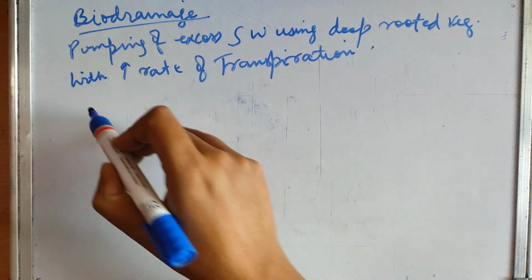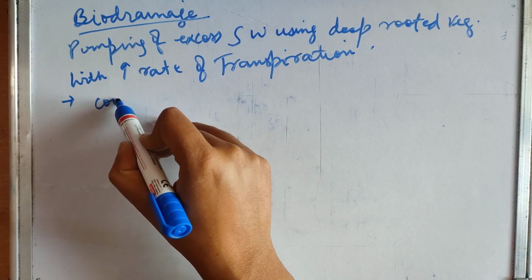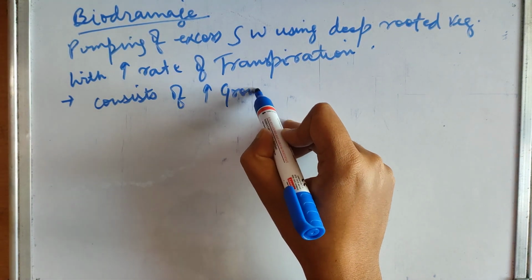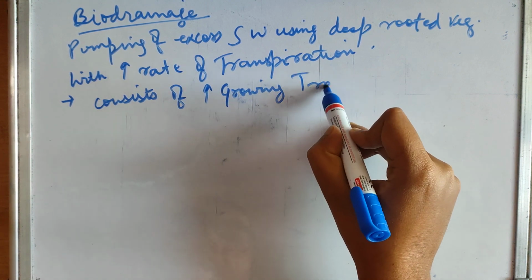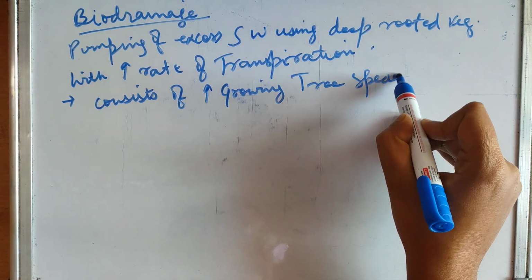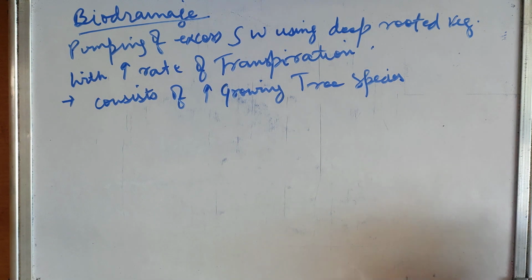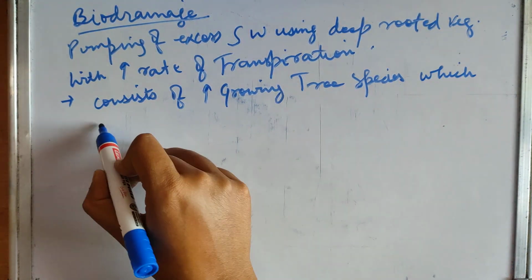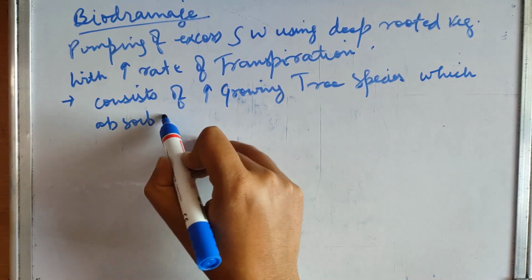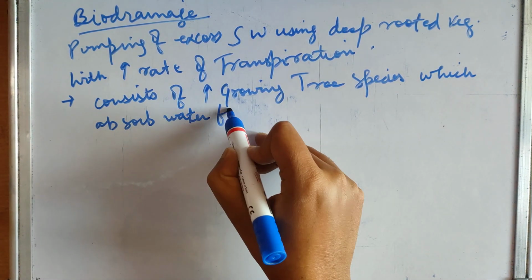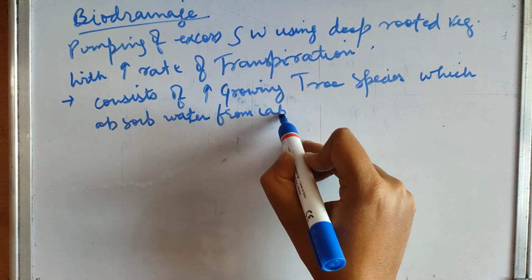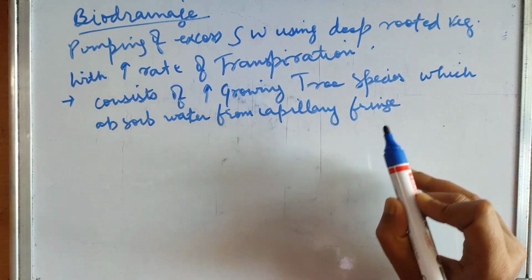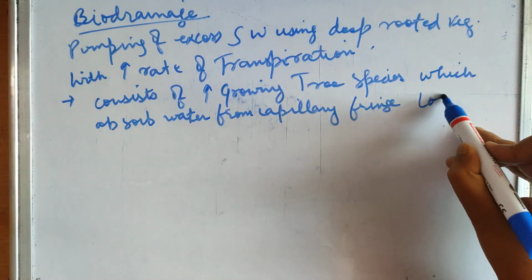It consists of fast growing tree species which absorb water from the capillary fringe, located above the groundwater table.